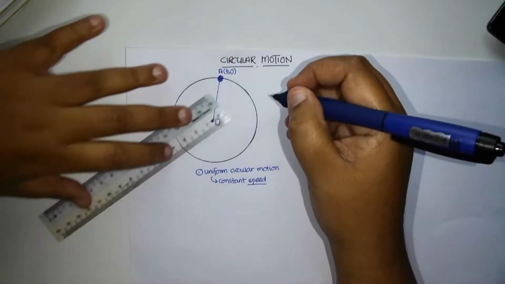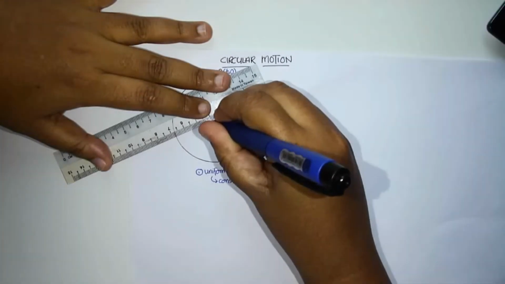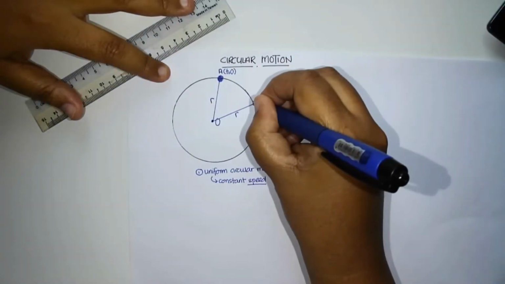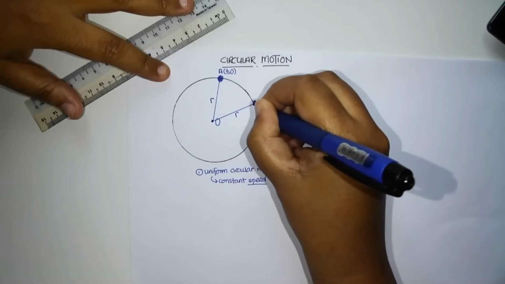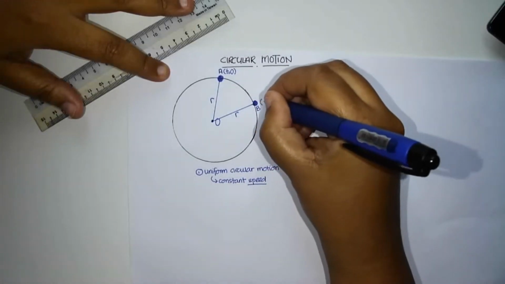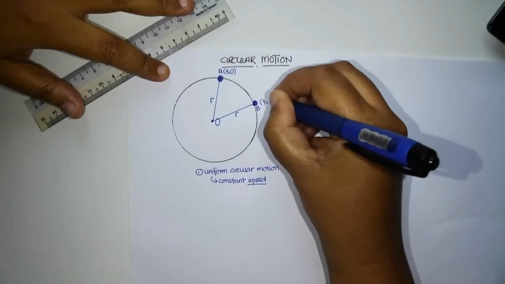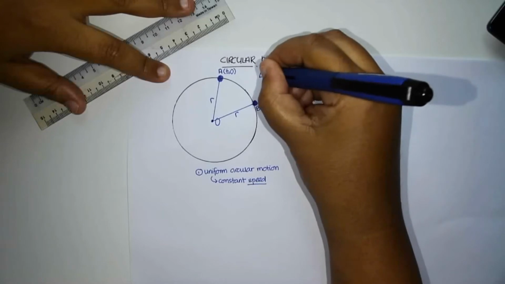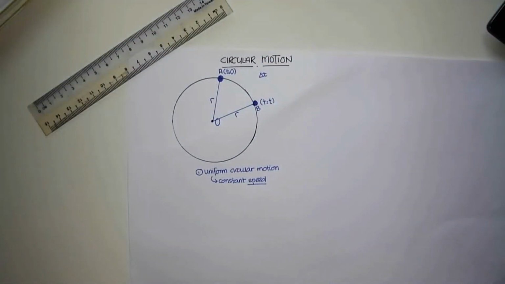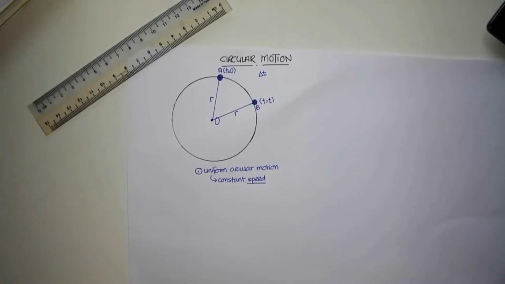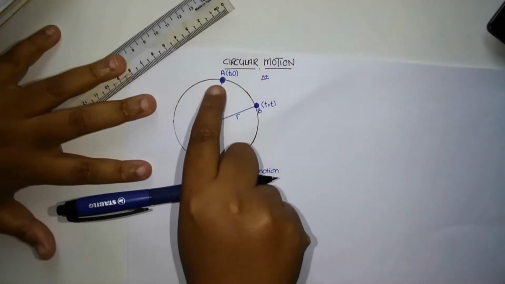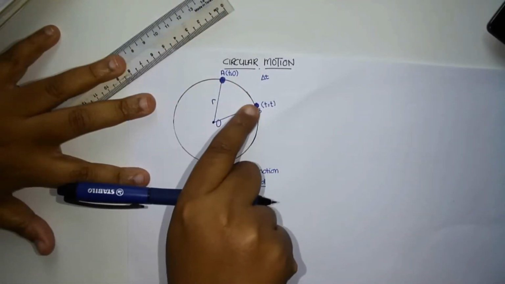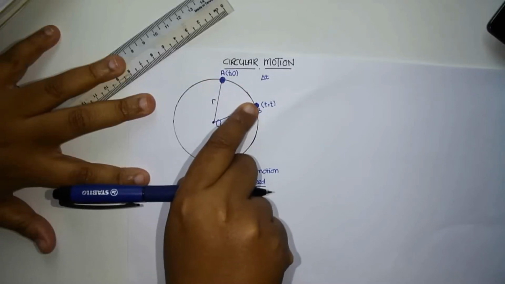After a short time interval, for example here, this is the radius r, the particle is at this point, which is point B, after a short time interval. That means at time t, from here to here we have delta t. Now, what are the quantities we can talk about when the particle was at point A and then went in circular motion to point B?